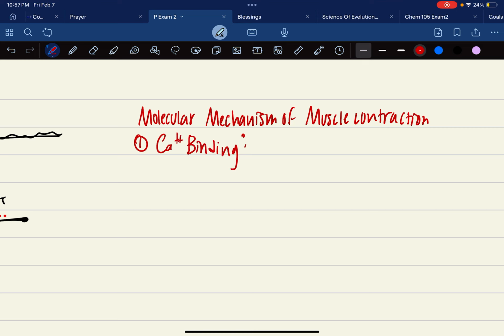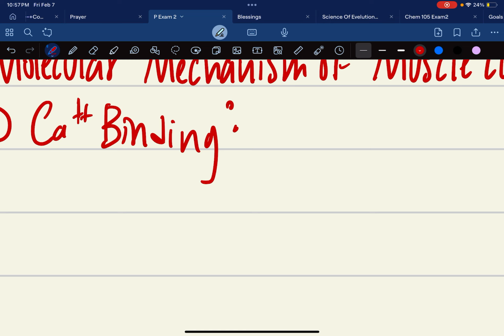And this is important because the calcium binds to troponin, causing a conformational change that moves tropomyosin away from actin binding sites. So that's what separates it.